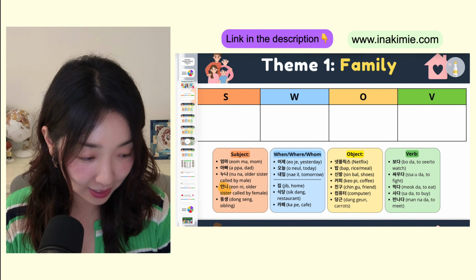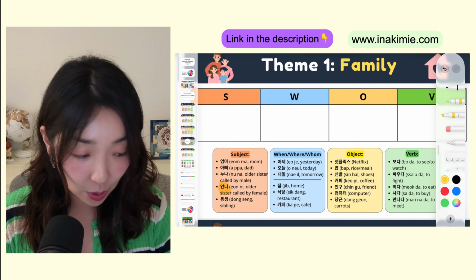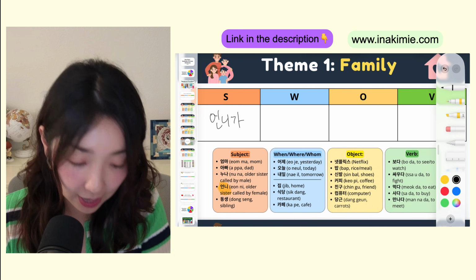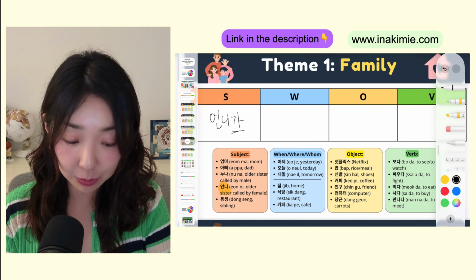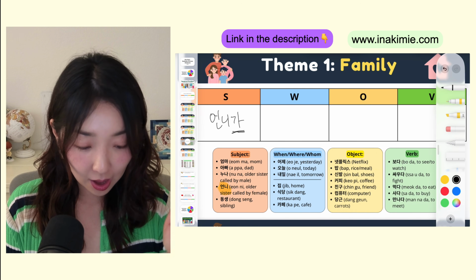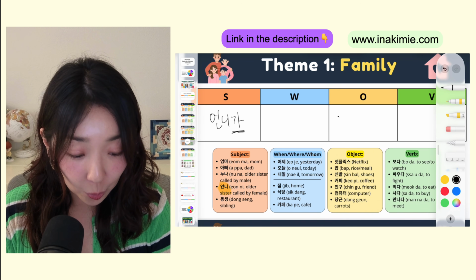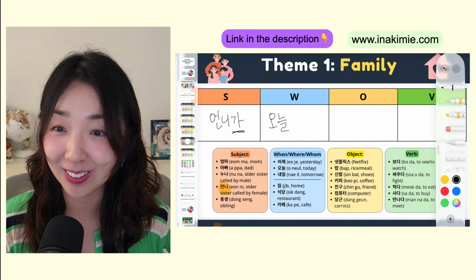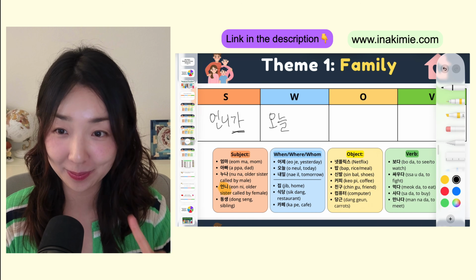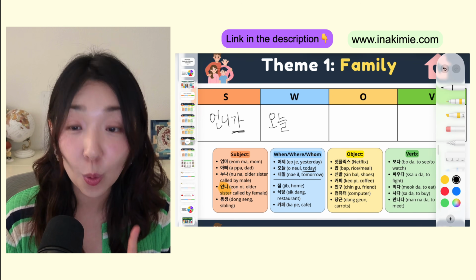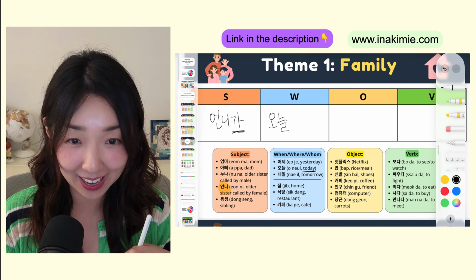Should we go with that? Because we didn't use that yet. 언니가. 가 is a subject marker that I attached. 오늘. What is that? Look at the bank. Can you tell me? Yes, it's here. That's today, not 내일. 오늘, today.